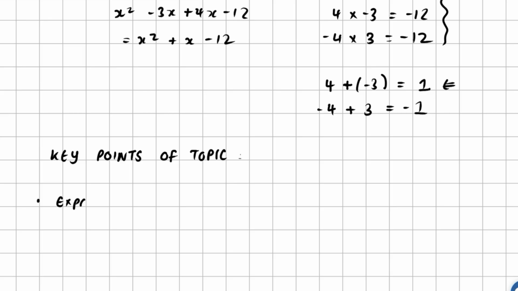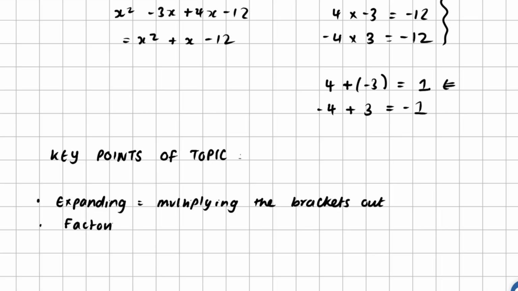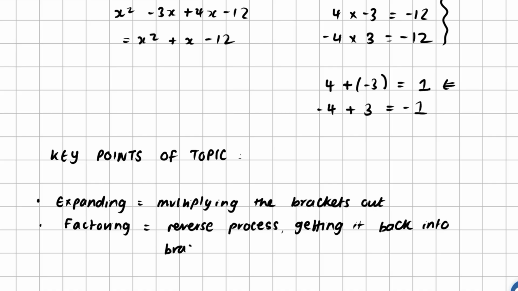Expanding equals multiplying the brackets out, and factorising is a reverse process. Getting it back into brackets.